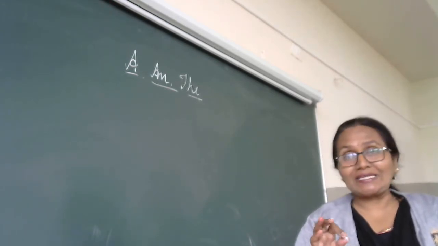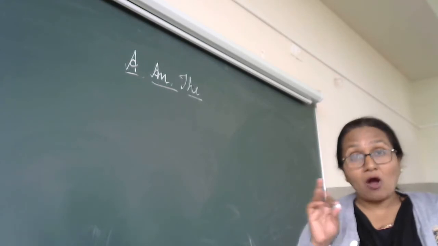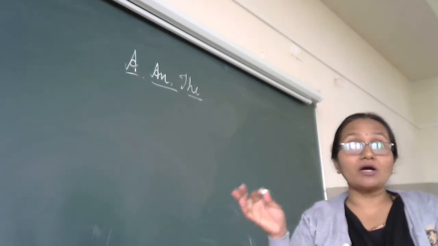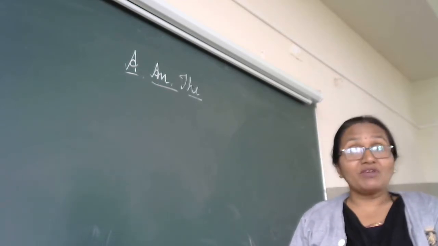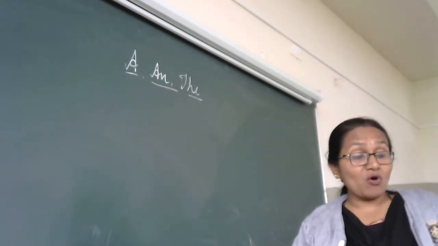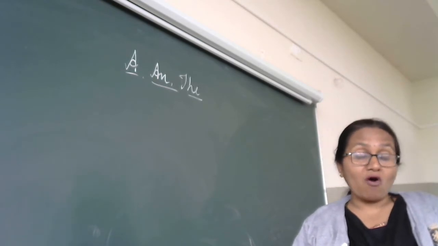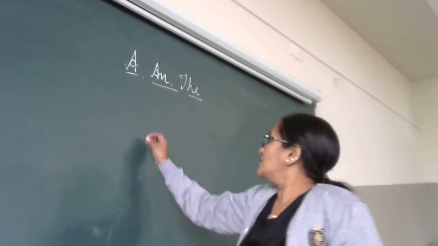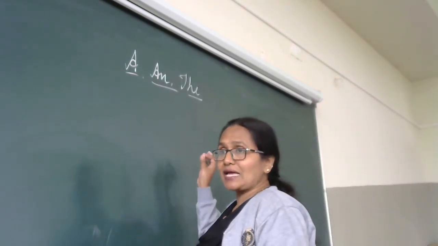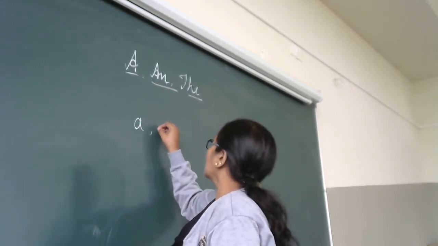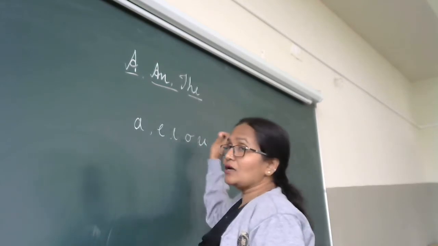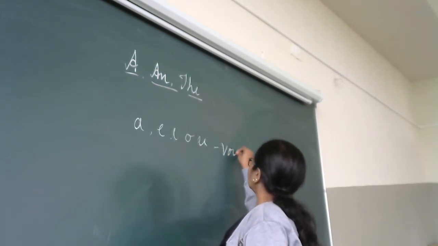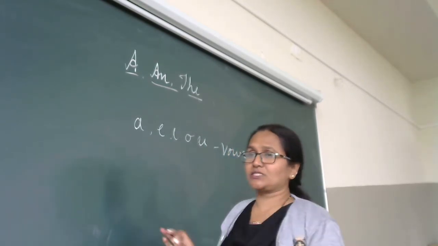So we use a before a noun which begins with a consonant, and we use an before nouns which begin with a vowel sound. In our alphabet there are 26 letters. A, E, I, O and U are the vowels, right? And the rest are the consonants.